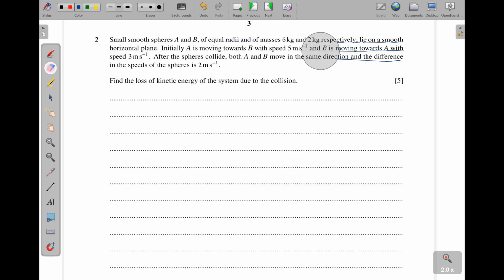If they ask for the loss in kinetic energy, that means the initial kinetic energy is bigger than the final kinetic energy. So I have my spheres here. They are of equal radii. This is A, this is B; B is of 2 kilograms and A is of 6 kilograms. Then we have this ground here.